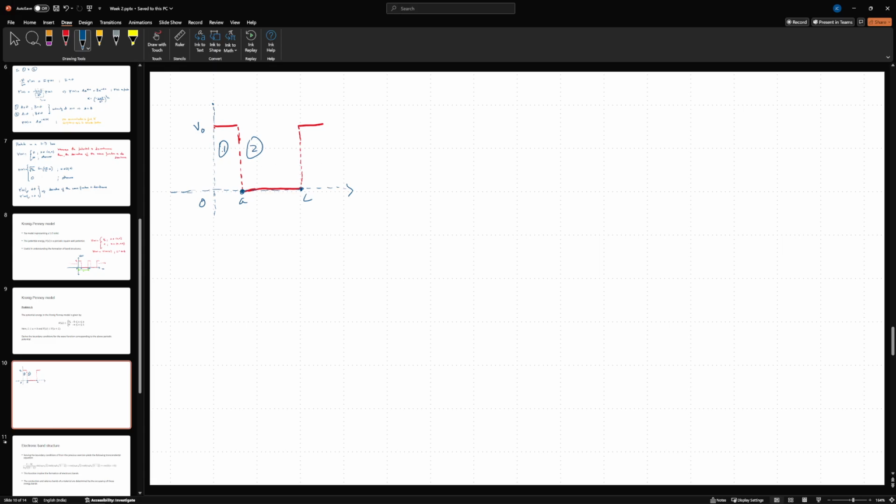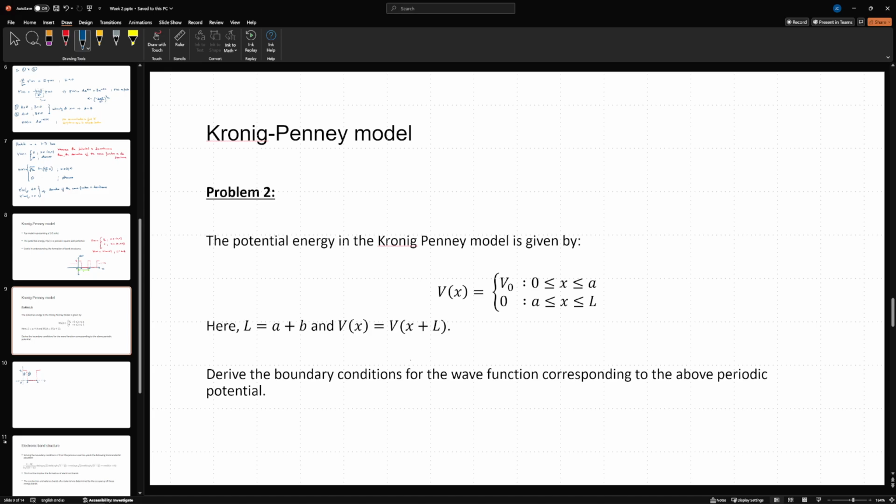Now, first question: what kind of solutions are we looking for here? Again, I should have mentioned that over here: boundary conditions for bound state wave functions.